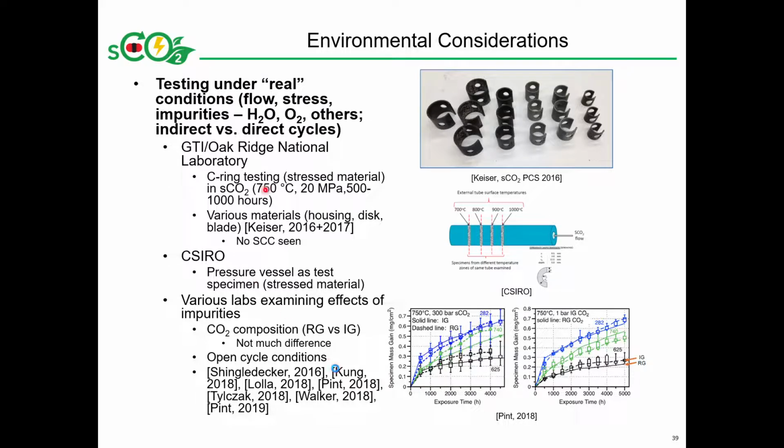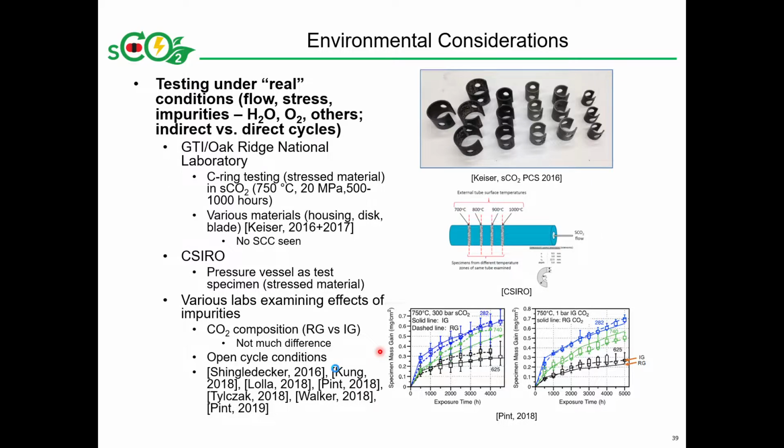There has been some work done, for example, on C-ring testing and testing of pipe materials where the corrosion specimen is the pipe itself. In terms of impurities, looking at research grade versus industrial grade sCO2, there doesn't seem to be much of a difference, but open cycle conditions with all the various other additives that you might see in the CO2 could provide different results.